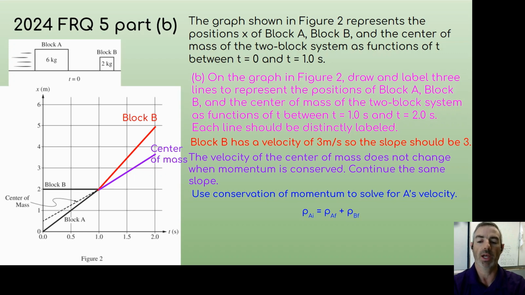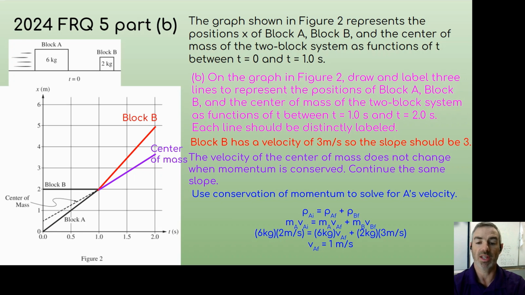We substitute mass times velocity in for each of those. We know A is moving at 2 meters per second because that's the slope of the line we have for block A from figure 2. So 6 times 2 equals 6 times A's final velocity plus 2 times 3. Solving, we get that A's velocity is 1 meter per second.